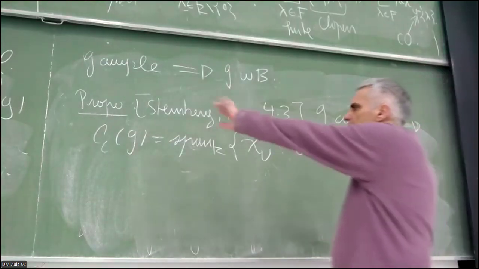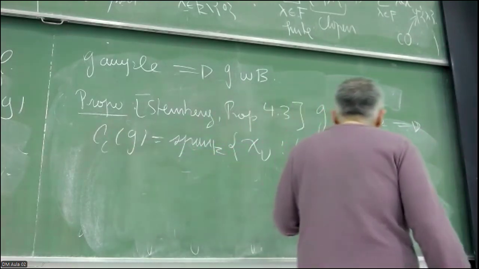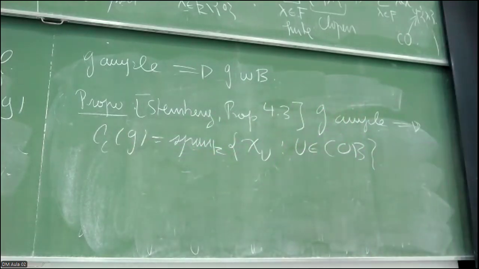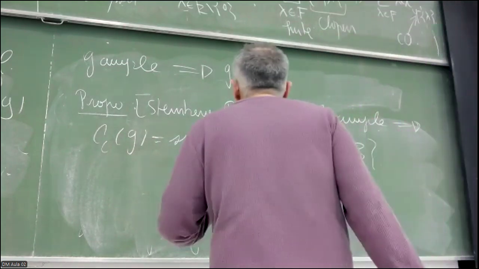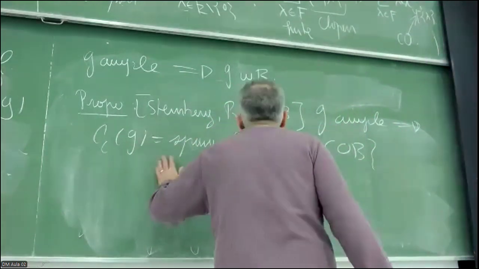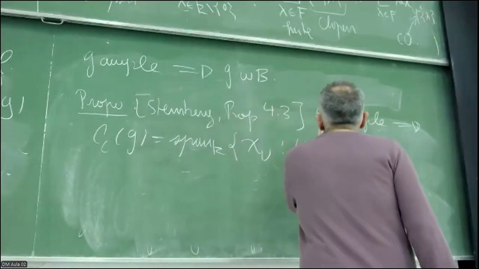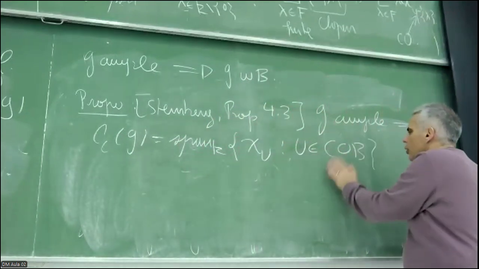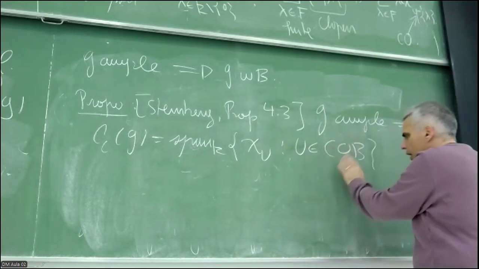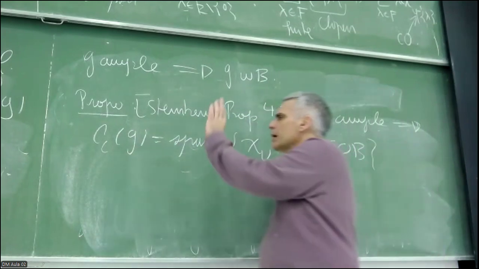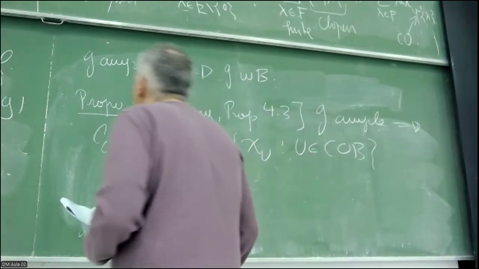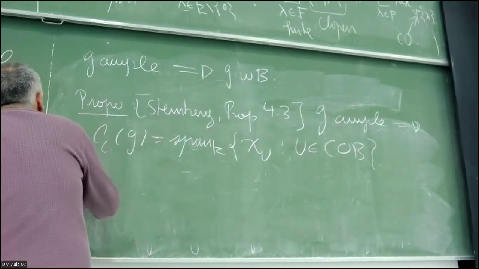By definition, this is spanned by the characteristic functions of all compact opens. And the proposition says that, moreover, this smaller subset, the compact opens which in addition are bisections, already suffice to generate this K module. And let me give you a proof of this.